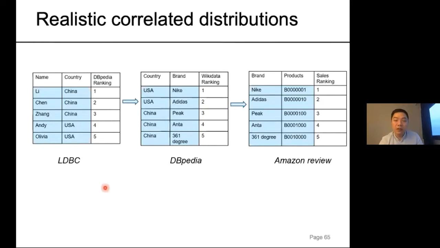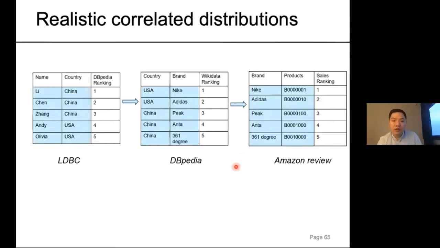Specifically, we correlate the person entity in the LDBC with the country table in the DBpedia on the country field, and then we correlate the DBpedia with the Amazon review on the brand field.